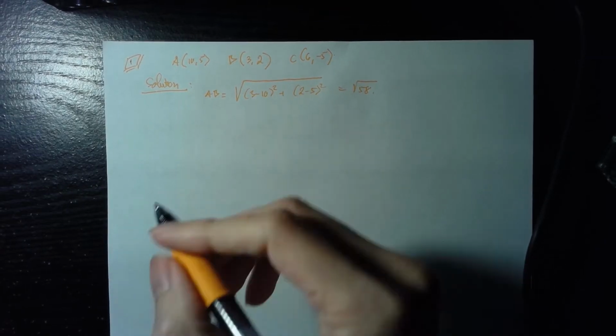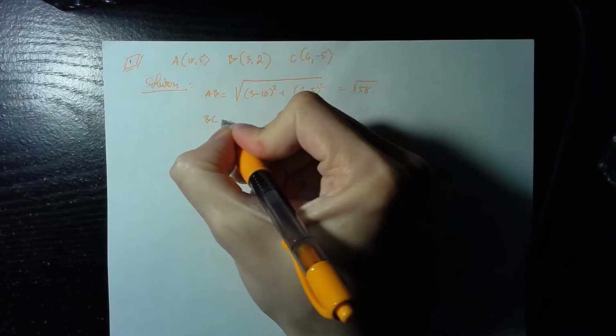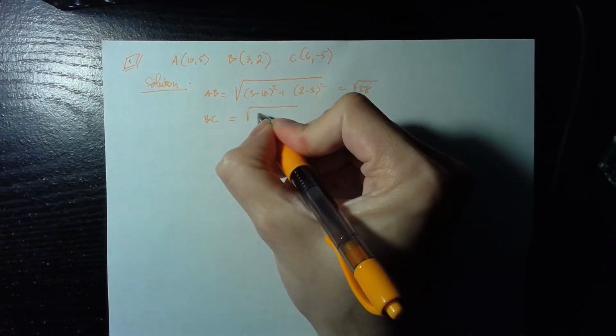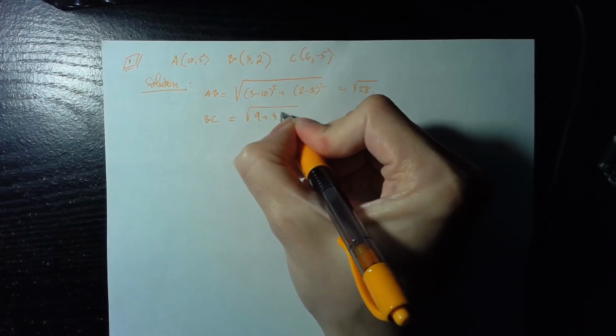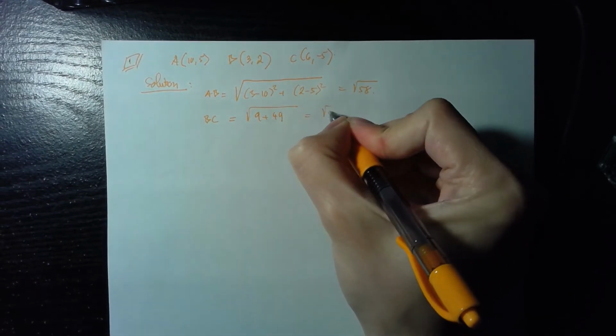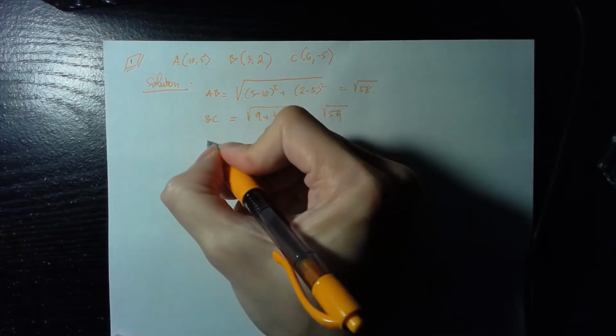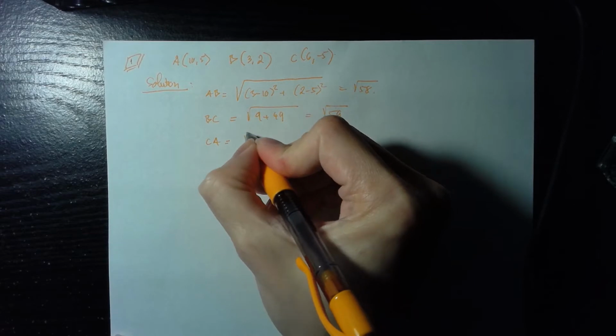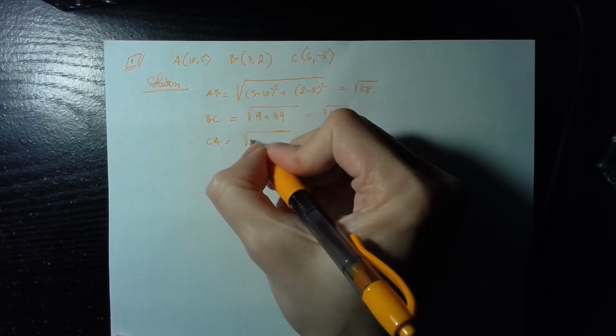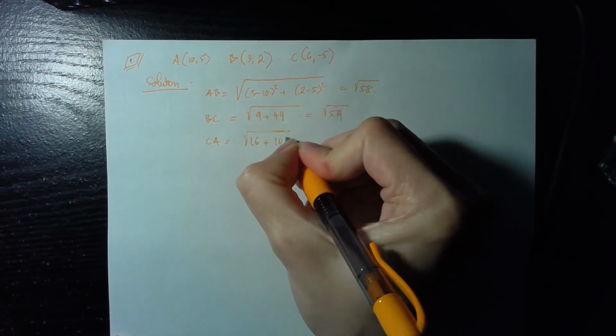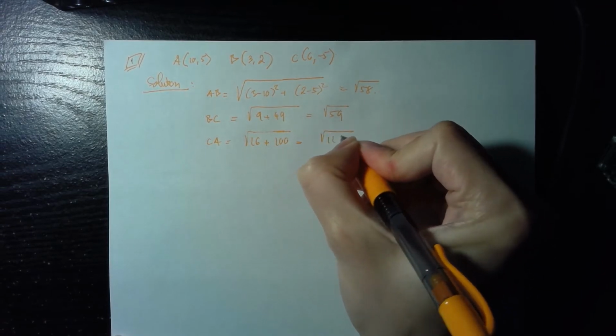That's AB. For BC, you do the same thing, and it gives you square root of 59 also. I calculate CA using the same formula, and it gives me square root of 116.